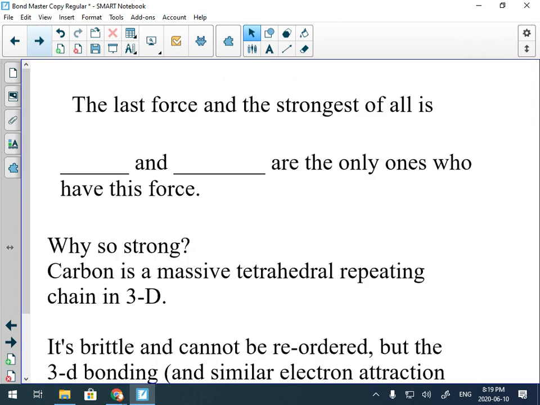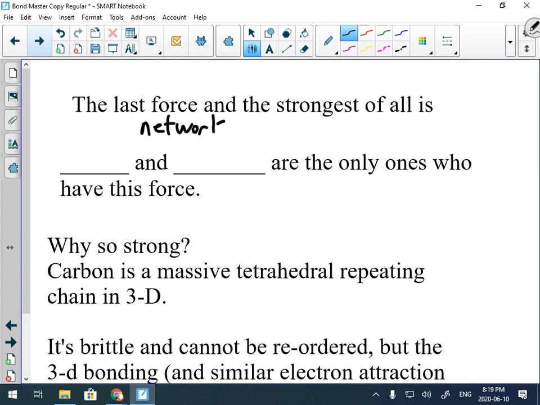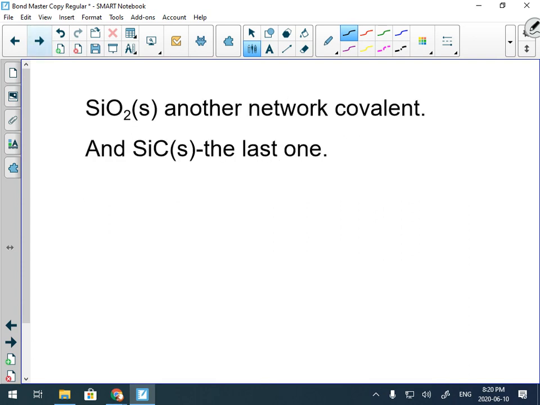And the last force of all, and the strongest, is something called network covalent. There are only two that do this. Well, IBs, we're going to talk more about this on Monday. That's carbon and silicon. And they exist in a 3D lattice that repeats itself over and over again.